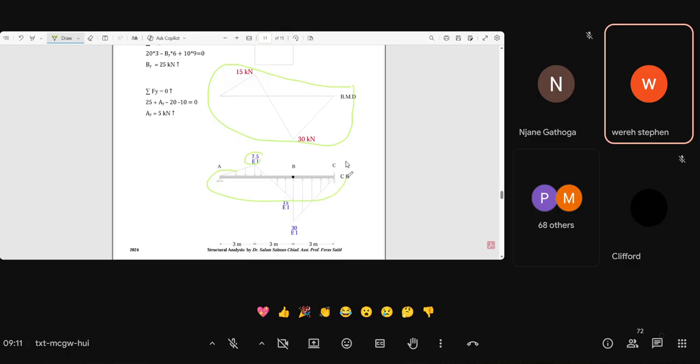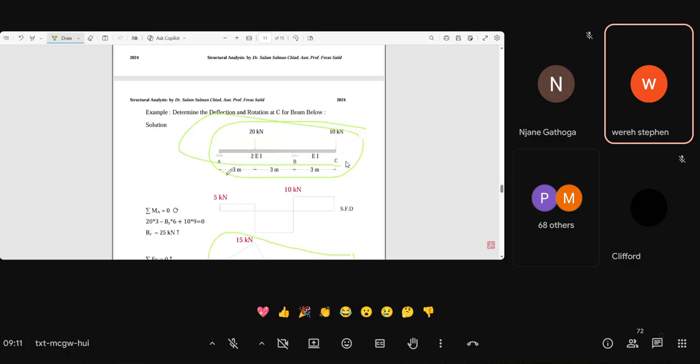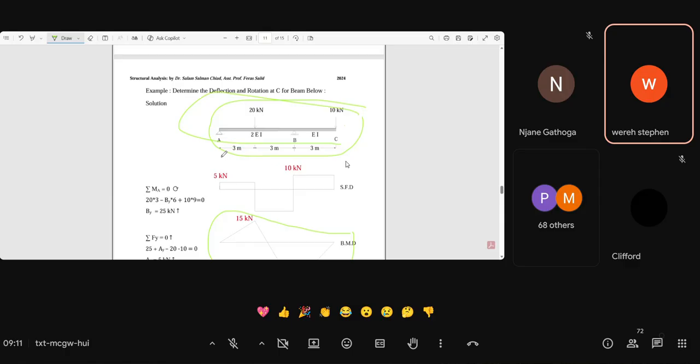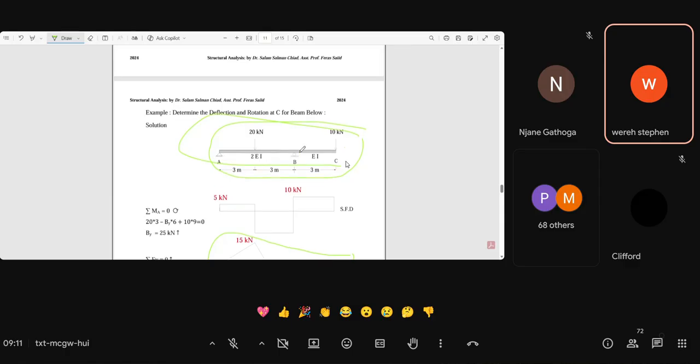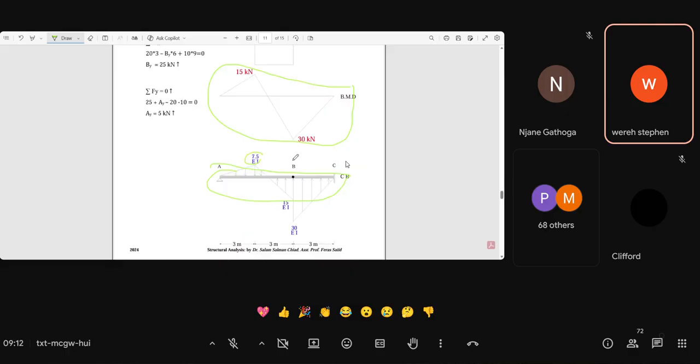So you can see this conjugate beam. At point A, it is a pin, it remains a pin. At point B, we have a roller here. Because we have a roller here, it is going to change into a hinge.